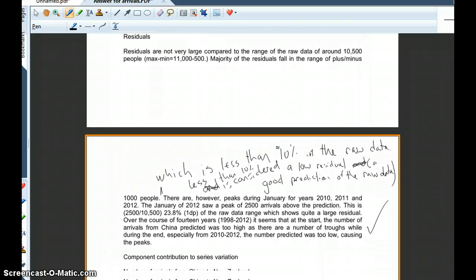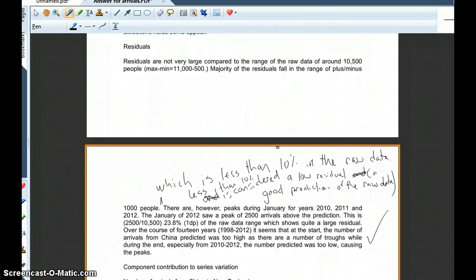I will read out her residual comment to you, and there's one sentence you can see I've added in here that you could actually learn and put into all answers on residuals. Residuals are not very large compared to the range of raw data, around 10,500 people, and she's shown her calculation.